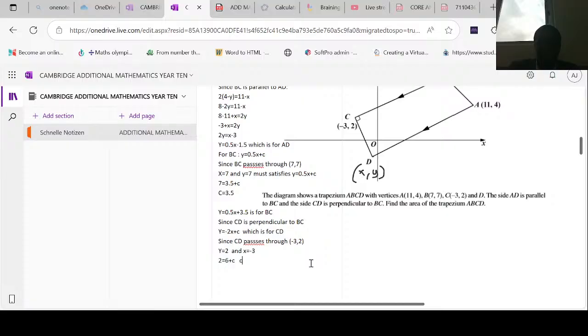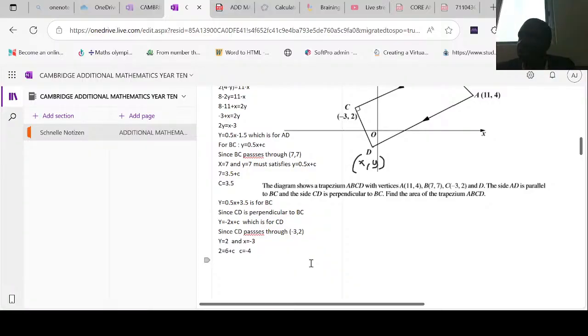So c becomes 2 minus 6, that's negative 4. Which makes sense, because the intercept, if you look at the way they drew it, is going like this. There are two kinds of y-intercept, either positive or negative. So the way it's going, it's going to cut below. So this actually makes sense to us.